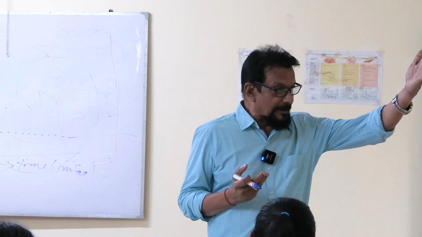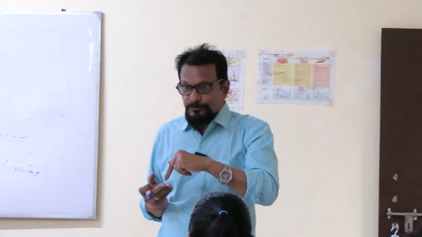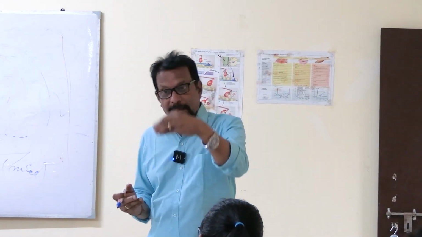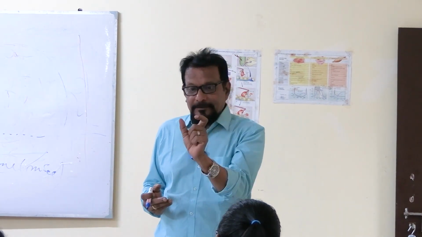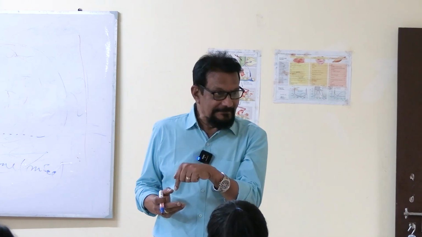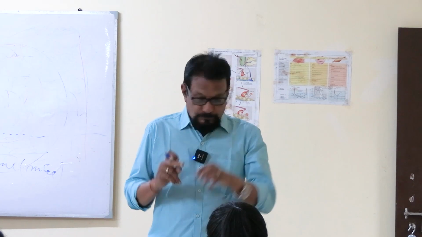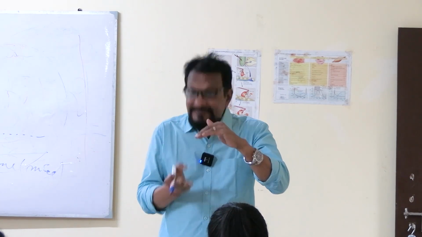So outside sodium ion concentration is high, inside is less. So a lot of sodium ion will be entering the cell. Sodium ion is entering with its positive charge, so the negativity will be neutralized gradually. So the potential difference will gradually become less negative.